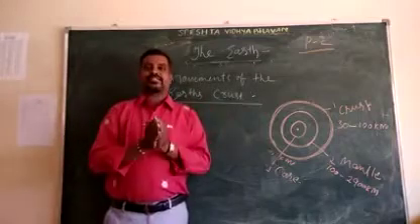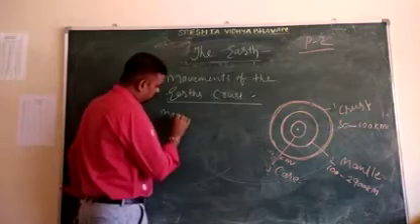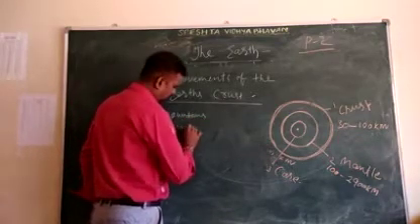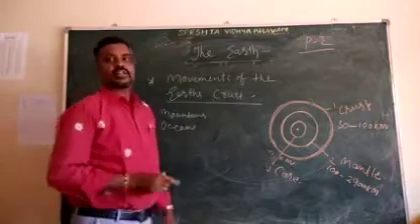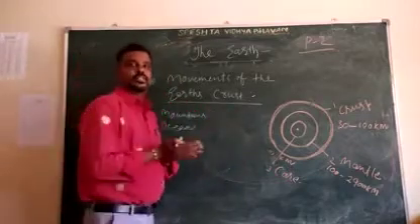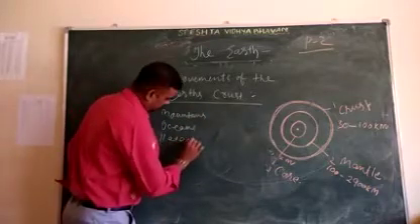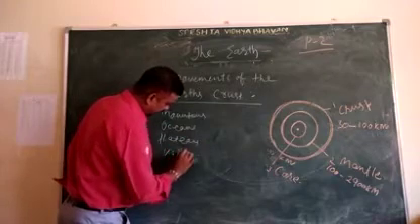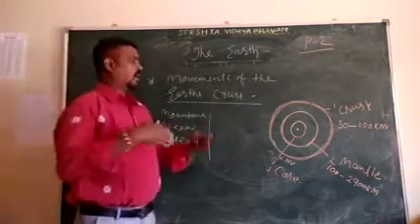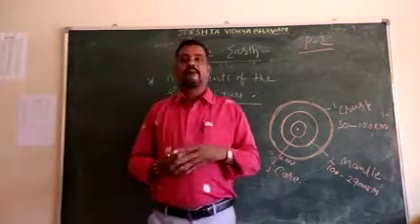Collided means dashed, and they form mountains, oceans, plateaus, valleys. So all these are formed due to the rotation of the plates.